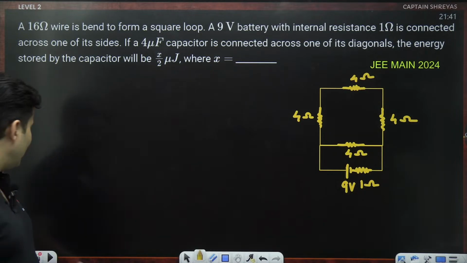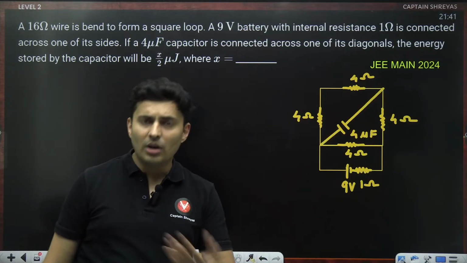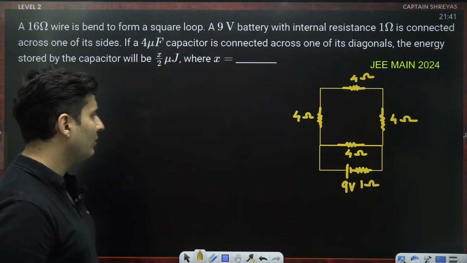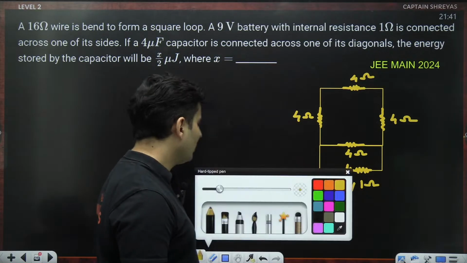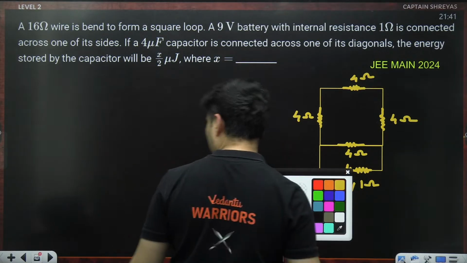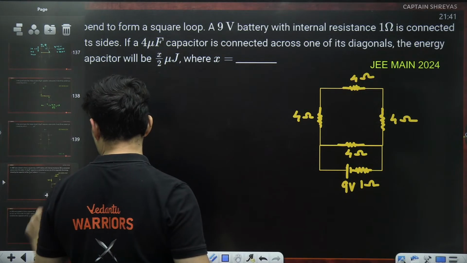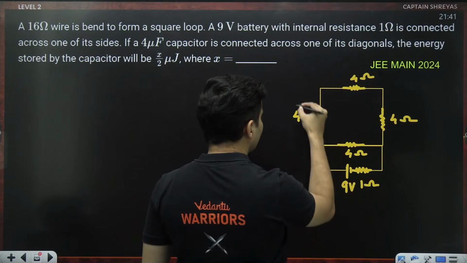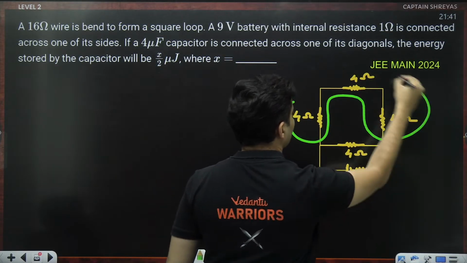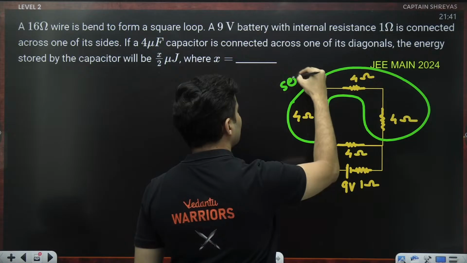In order to do that, remember, capacitor always will block the current. So just forget the capacitor for a moment. Just look at this diagram. This looks like a simple series and parallel combination circuit. So, these 3 resistors are basically in series.